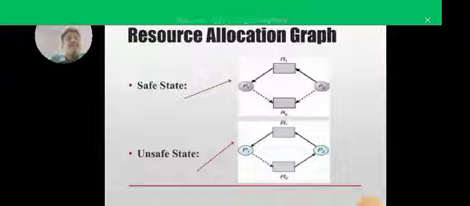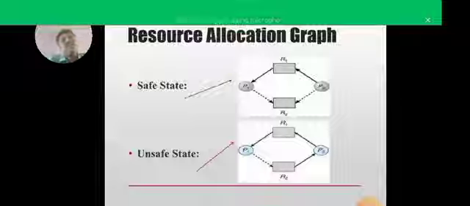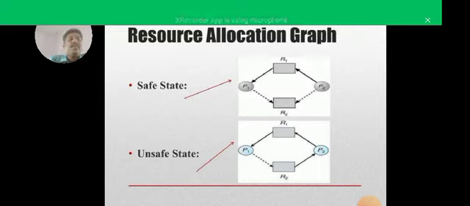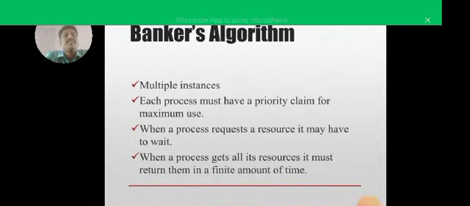In unsafe state, if P1 requires R2, if it is available, we can use that. If R2 is allotted to P2, then P1 is requesting R2. Likewise, resource 1 is allotted to P1 and is waiting. This happens in unsafe state.